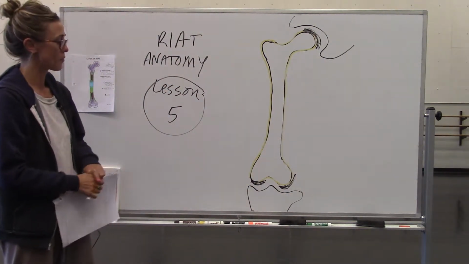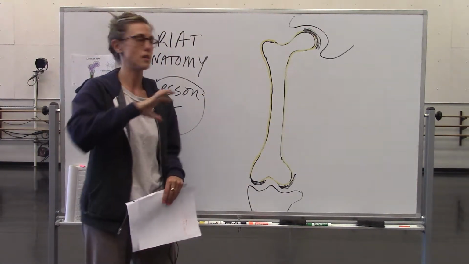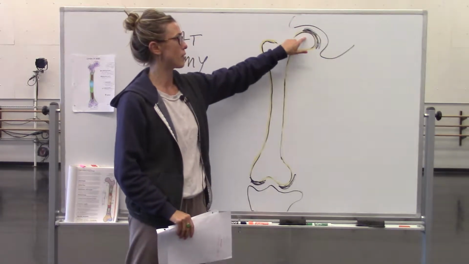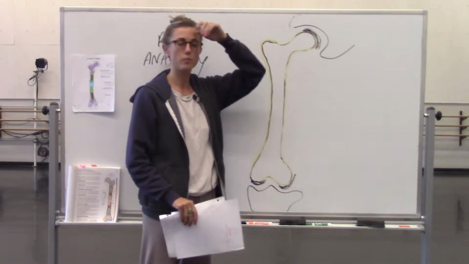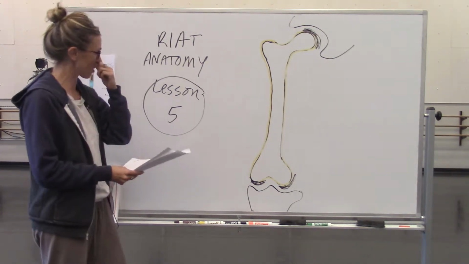Wherever there's articular cartilage, we know there's going to be a joint and a nice slippy, slidey surface that helps this side of the bone move in that joint. So that's the periosteum and the articular cartilage.